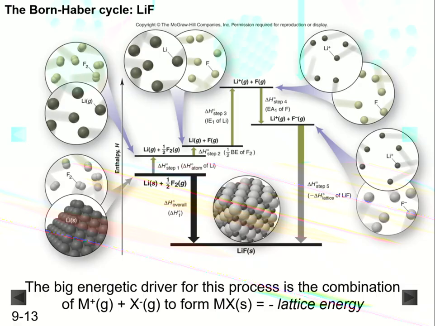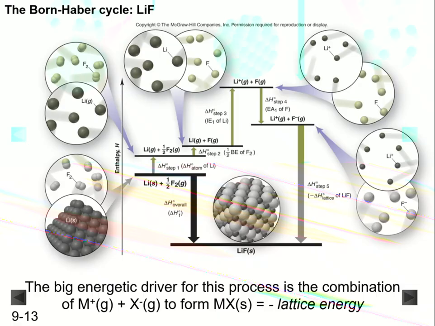So as you look at this cycle, we see that if we take our thick black starting line, that is lithium solid plus 1/2 mole of fluorine gas, it's exothermic to form the crystal. It's not exothermic to form lithium ion and fluoride ion. That's actually endothermic, but it's the last step over on the right-hand side where those ions now coalesce to form the crystal that is the energetic driver for this process.